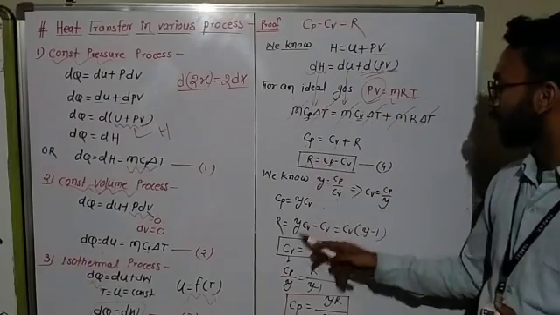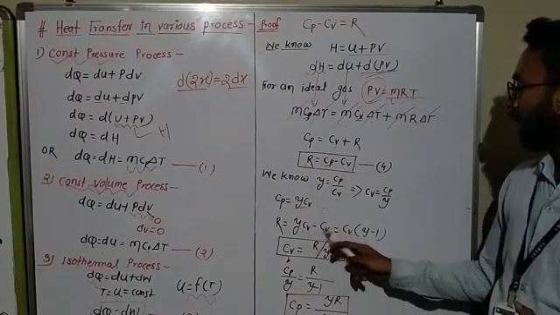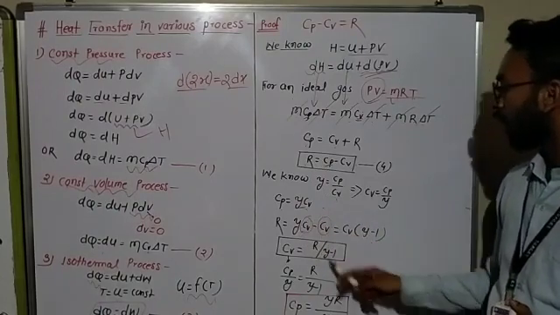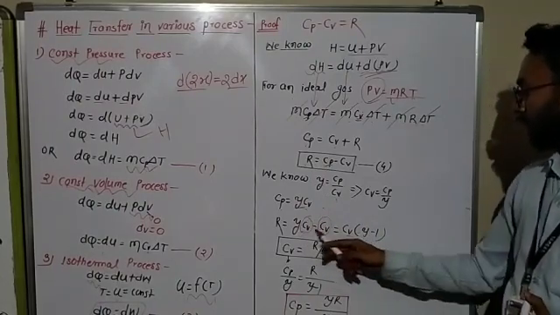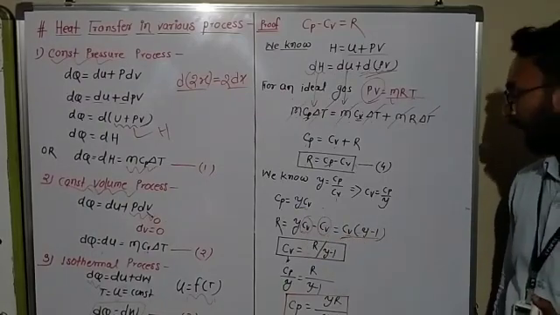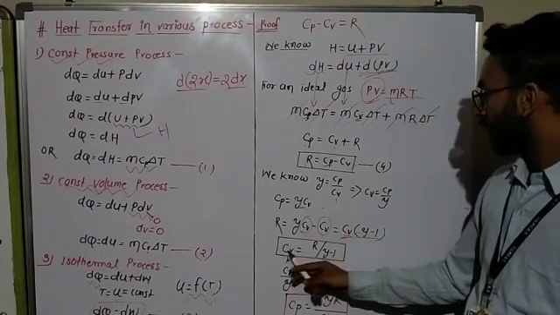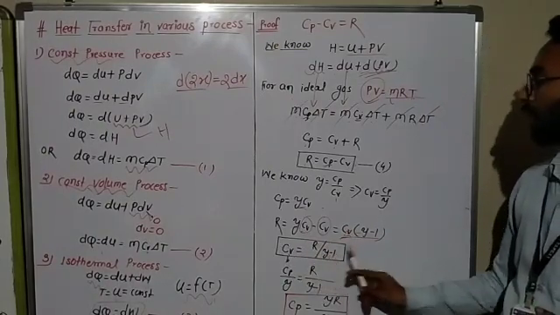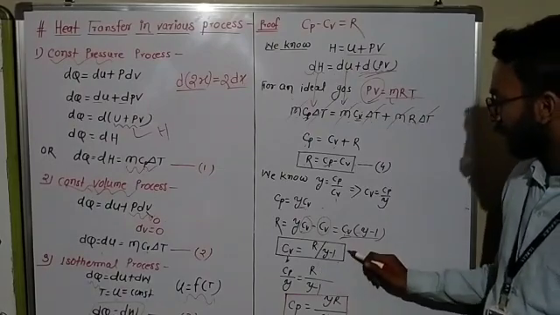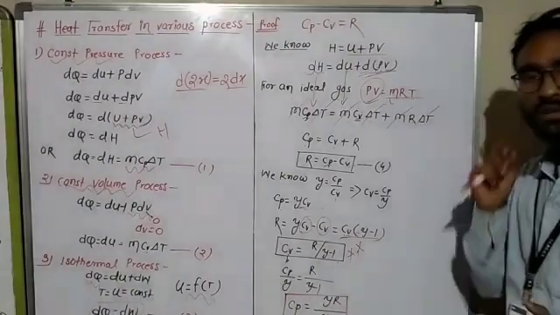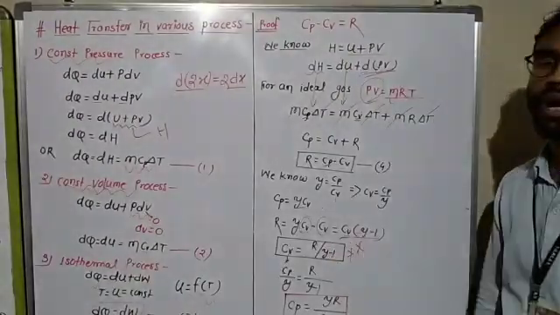This R is equal to gamma Cv minus Cv. Now, Cv is common. That means gamma minus 1 will be written. Now, what is the value of Cv? Cv in terms of R over gamma minus 1. These are the expressions or relations for Cv, R and gamma.